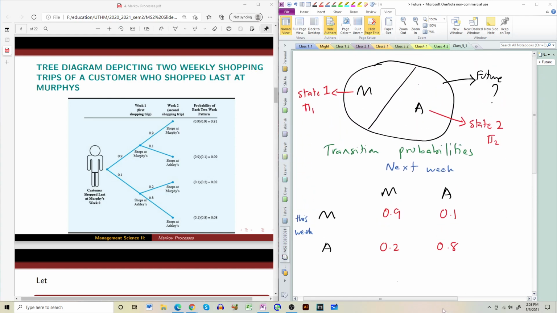I give you some time, copy first. So state 1 is Murphy's, state 2 is Ashley's, or pi 1 is M, pi 2 is A. Just think like that.